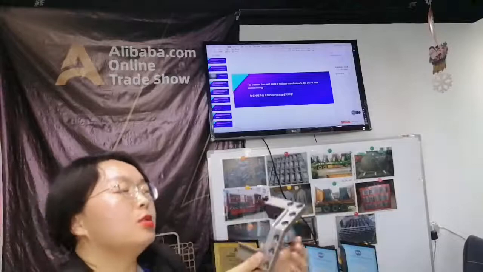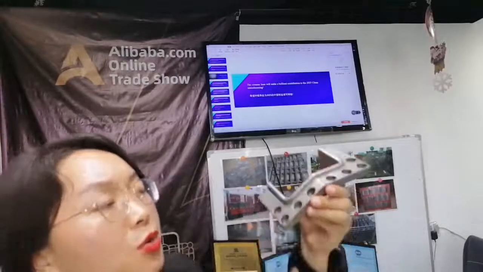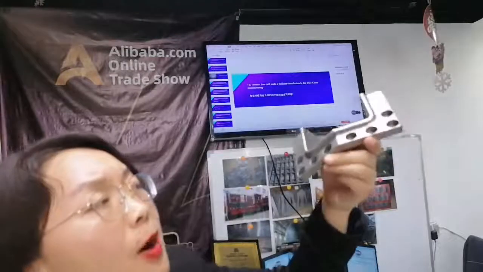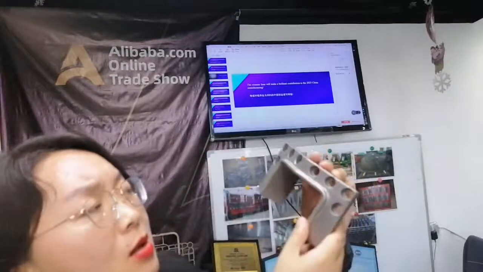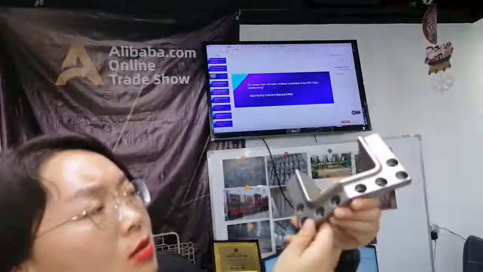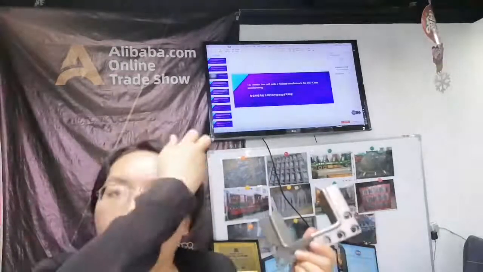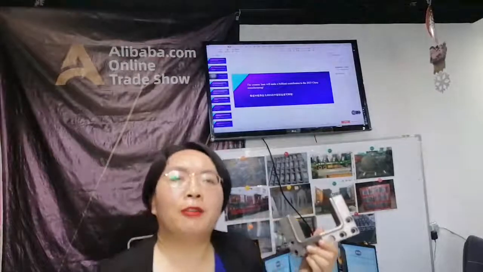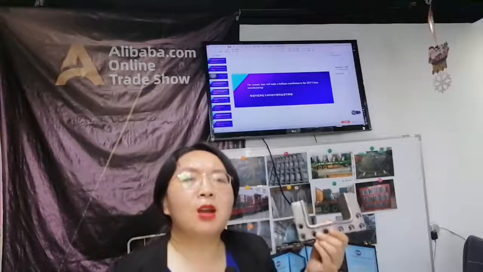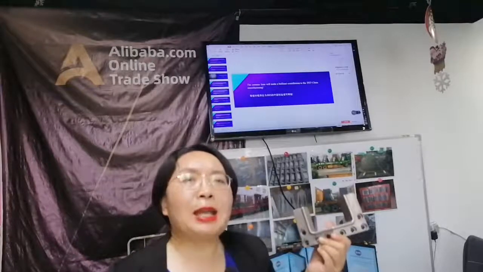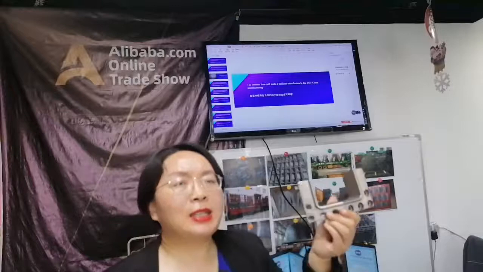Okay, so I'd like to show you. This is a kind of cobalt alloy part. Cobalt alloy has very good wear performance under a working temperature of about 600 centigrade.